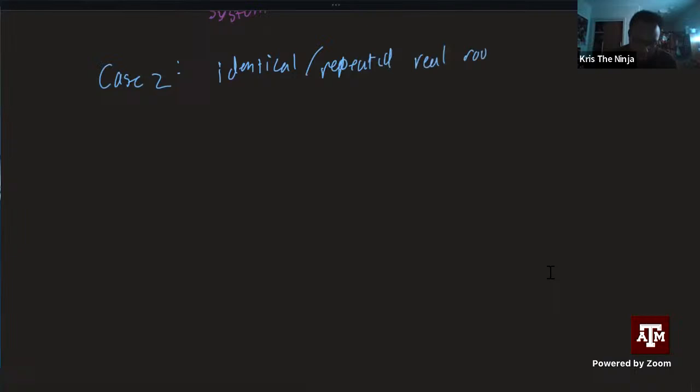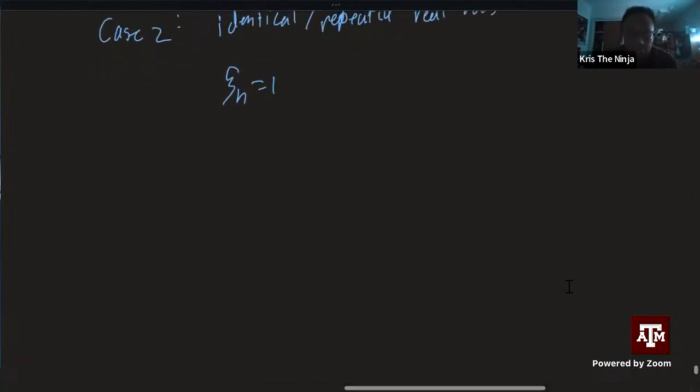That's when zeta n equals 1. That's when it's critically damped. That's when it's just perfectly good enough. It's just perfect. It's just right where you need it to be.